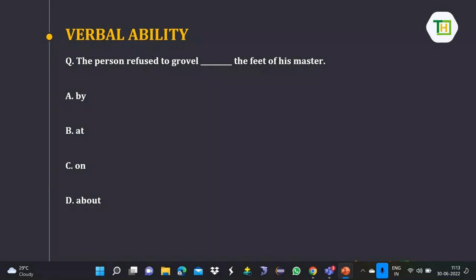Okay, so what would be your answer? The person refused to grovel, dash, the feet of his master.